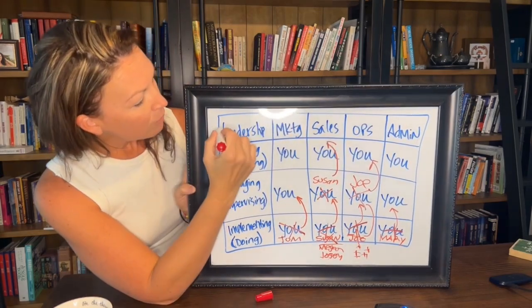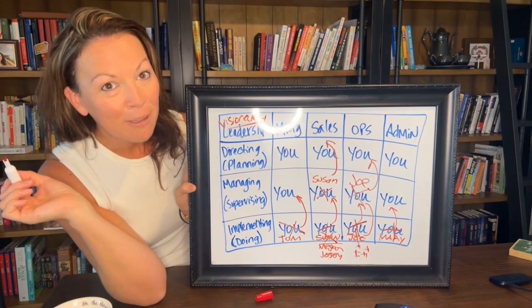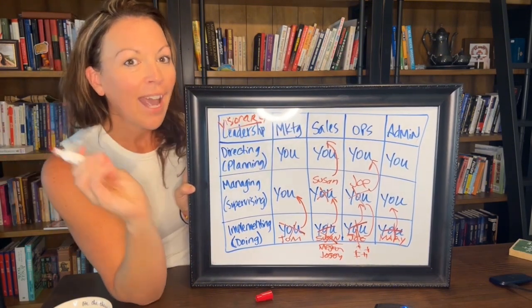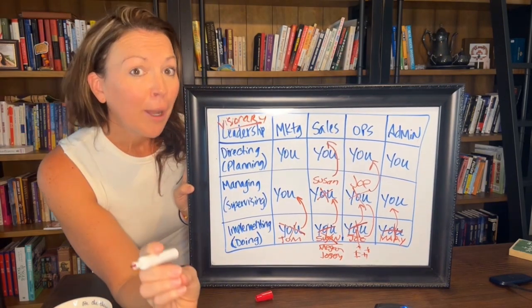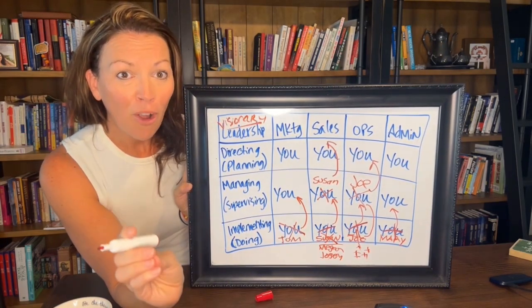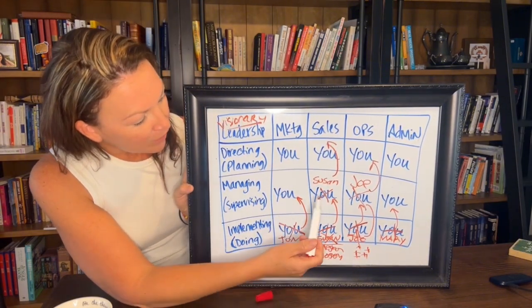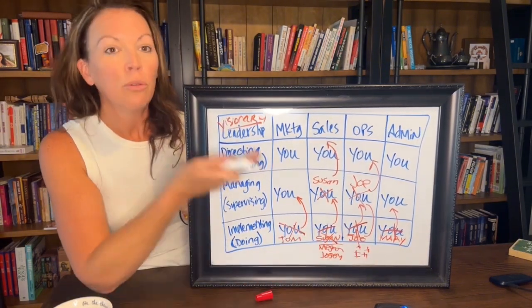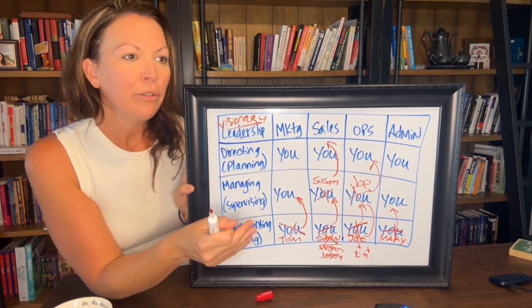Maybe you have moved up to visionary status in the business, where you are casting the vision. You are looking for new opportunities, new markets, new products, new goals, new hires. You're developing the leaders in your company so that they can grow and continue to train and add people. So it's really a beautiful thing.